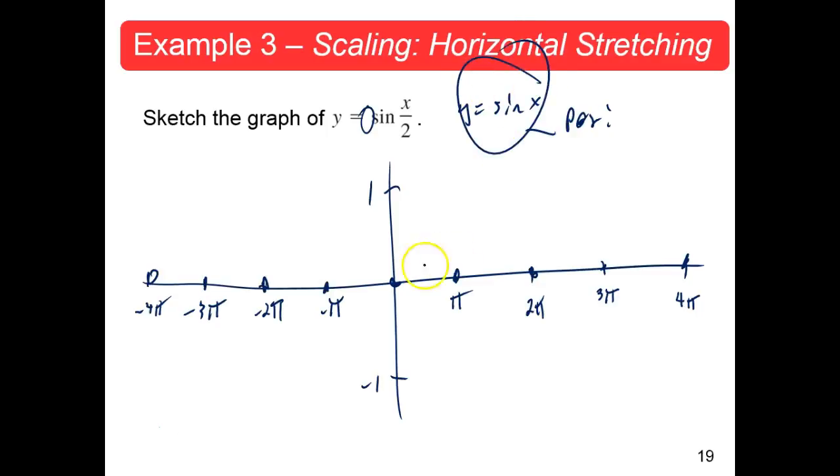And what's in between your first two? Pi halves, 3 halves pi, 5 halves pi, 7 halves pi, negative pi halves, negative 3 halves pi, negative 5 halves pi, negative 7 halves pi.